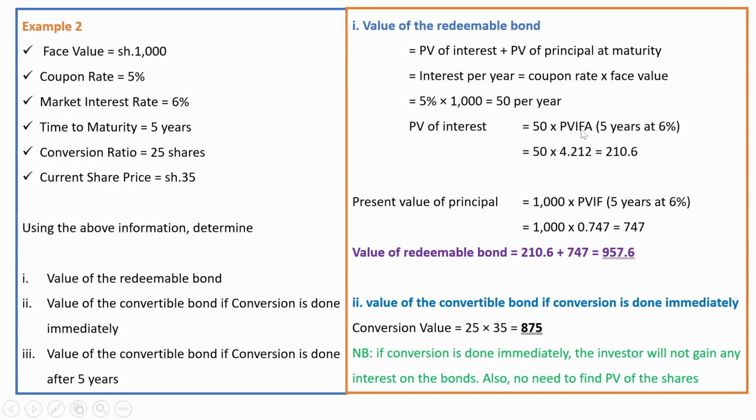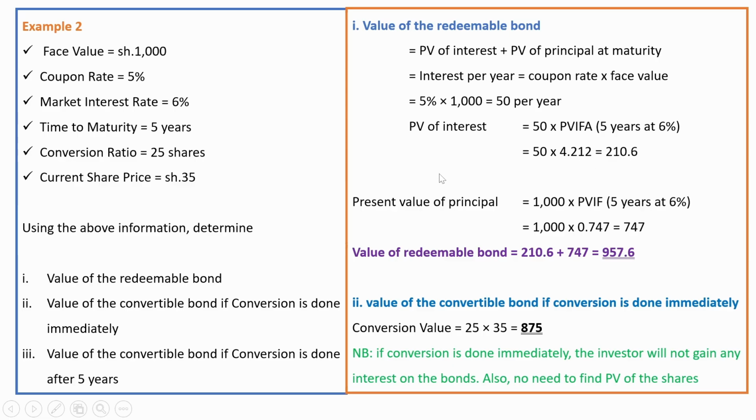If you use the table, you are going to get this value, 4.212. Multiply it by 50, it will give you 210.6. So that is the present value of interest.